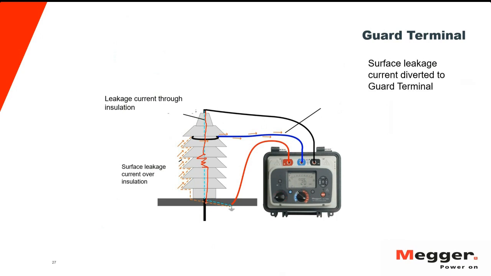So every time you need to compare results, or if you do the trending analysis, you must do the same thing, so you can compare and analyze better. Okay, so that is the purpose of the guard here. The current that is going to the surface leakage is diverted to the guard terminal and will be deducted from the total current measured by the insulation resistance.